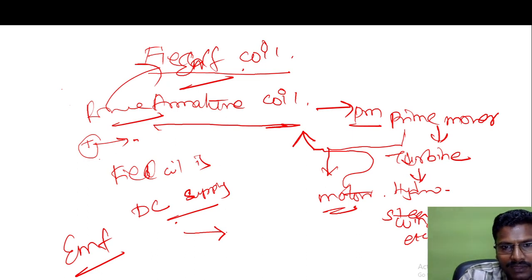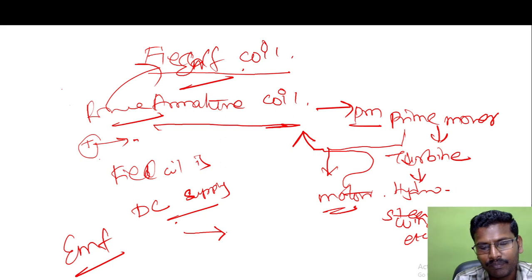But in self excitation, the armature itself produces the flux, or the armature itself gets energized, and with the help of the armature flux or the EMF produced in the armature, the field coil will be energized, and the generated EMF will be delivered to the load, right?